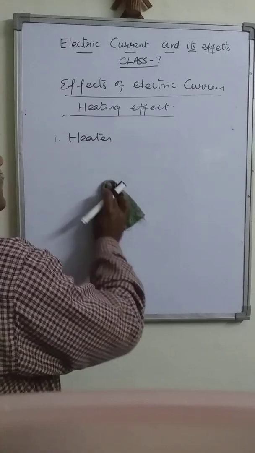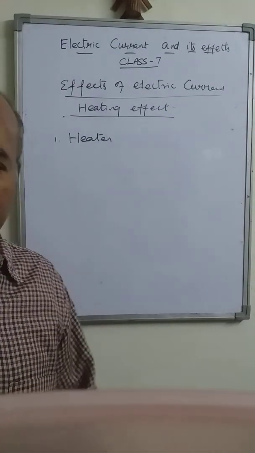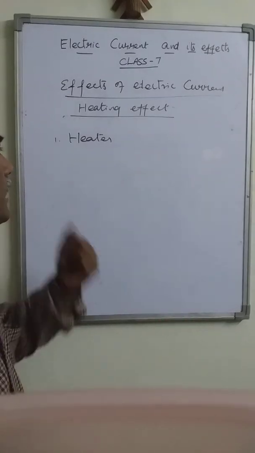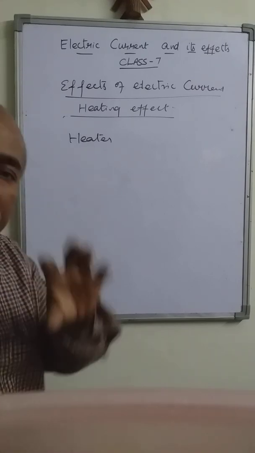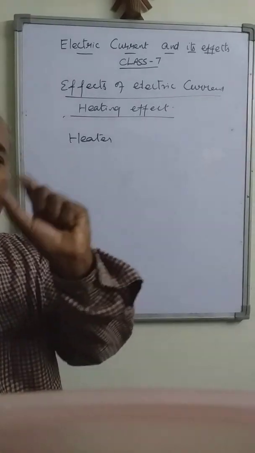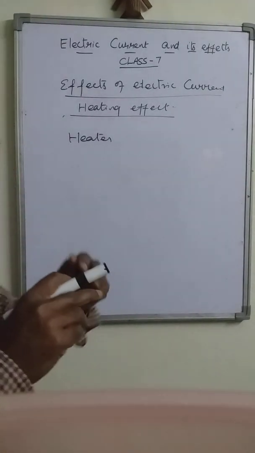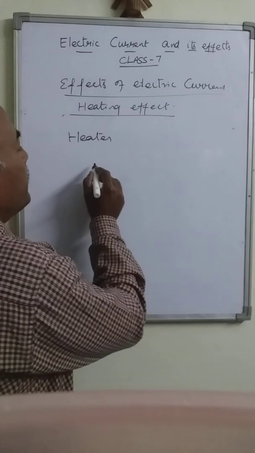Heater, it may be room heater or heater used in kitchen, anywhere the heater is used. And you must have seen the designing of that heater. In that, there is only one component that is like a coil that we call the element.